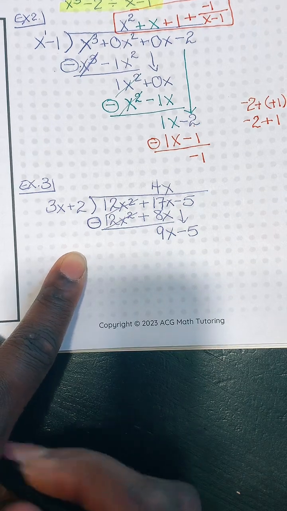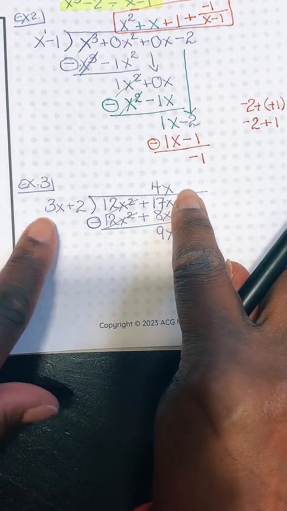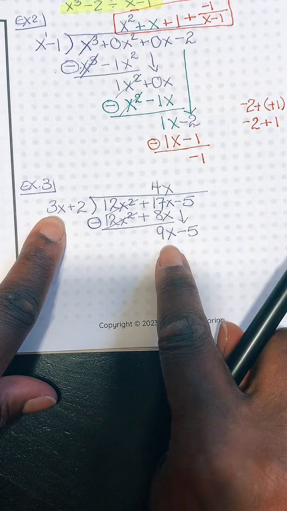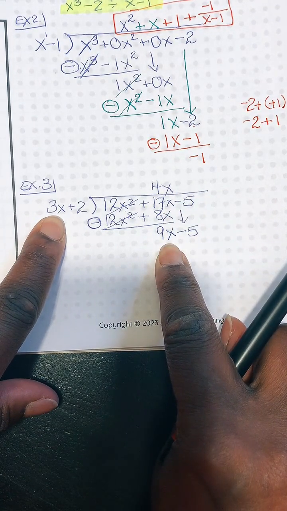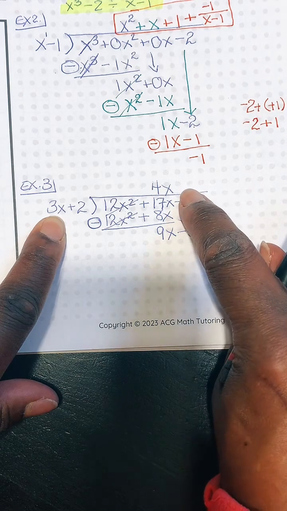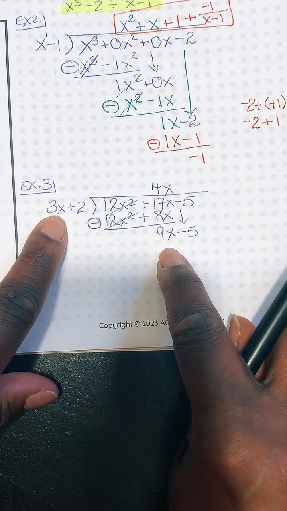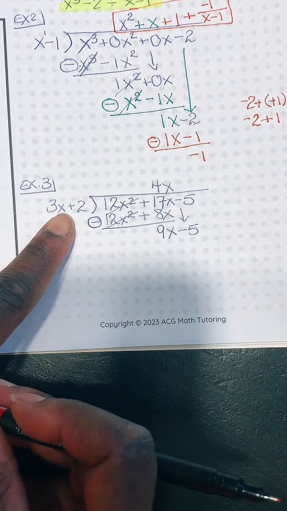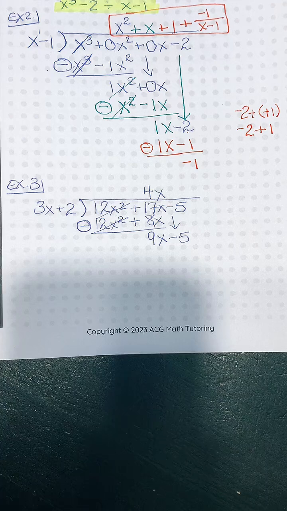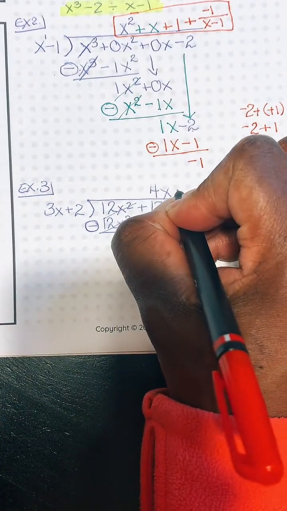So now, let's think. Let me switch pens. What times 3x gives me 9x? I got a 3. Look at y'all, so proud.